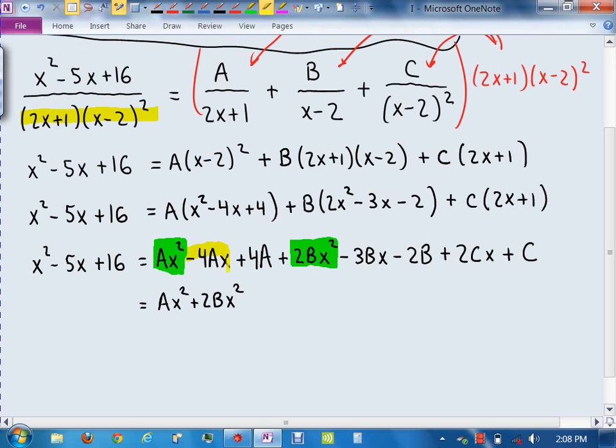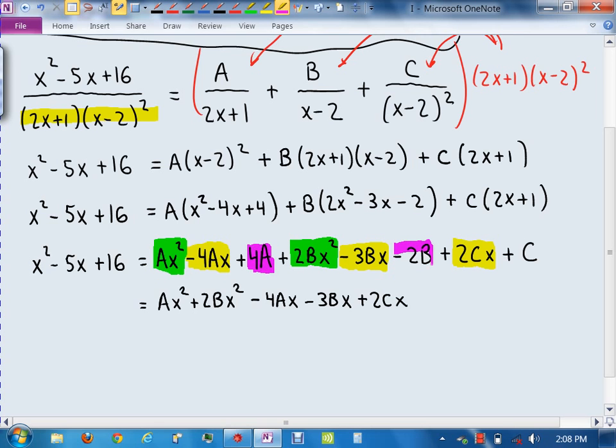Now let me collect my x's together. I have a negative 4ax, I've got a negative 3bx, I've got a 2cx, right? So those are all the things that have a single x in them. So I'm going to write those. Minus 4ax minus 3bx plus 2cx. And then finally, all the things that don't have x's.